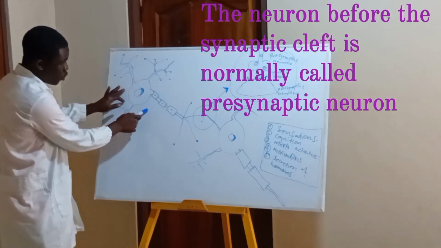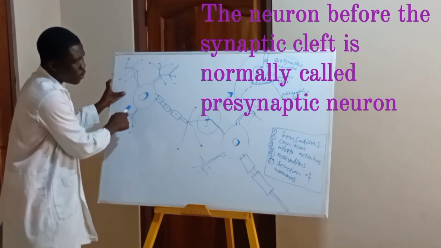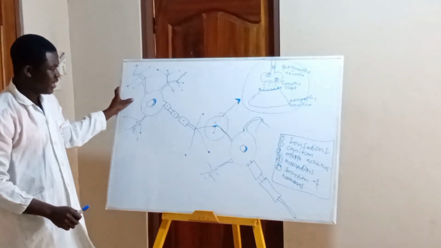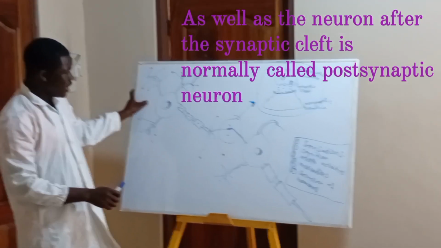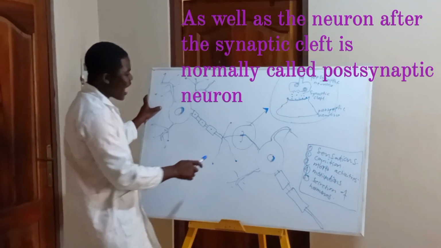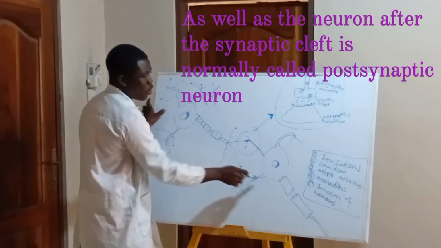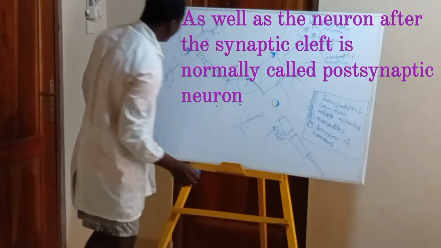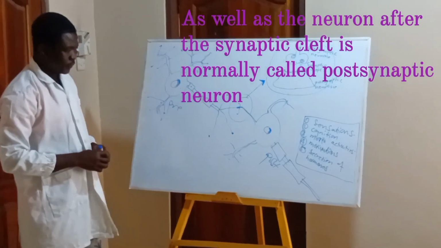The neuron before the synaptic cleft is normally called the presynaptic neuron, and the neuron after the synaptic cleft is normally called the postsynaptic neuron.